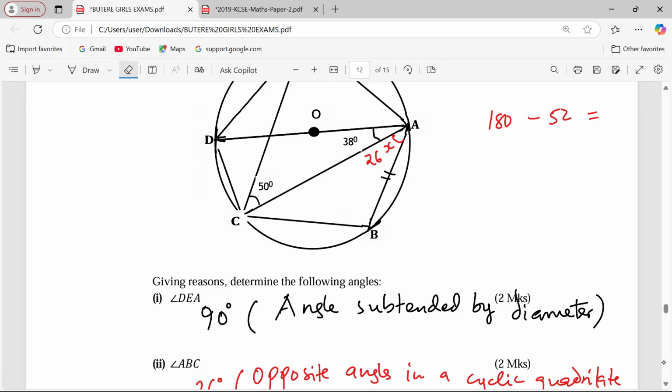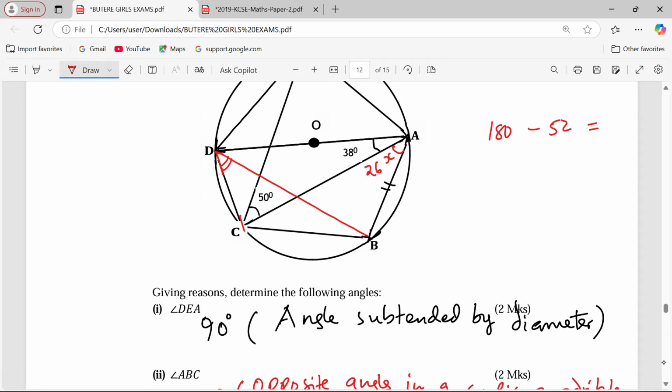So I draw. BDC means the angle at that point. BDC, that is the angle we want.